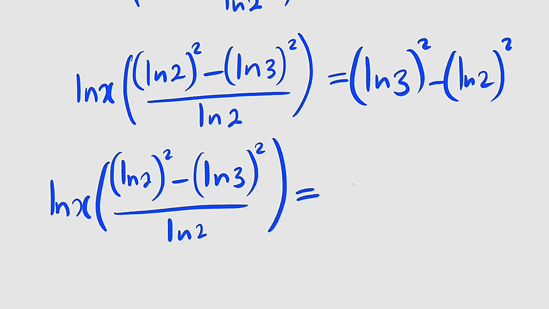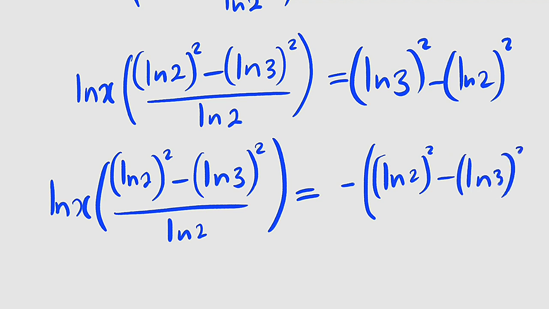This is equal to minus the whole of what? (ln 2)² minus (ln 3)². If you distribute this negative sign, it will give us this back. It doesn't matter. We are doing this because we want to cancel this with this, right?